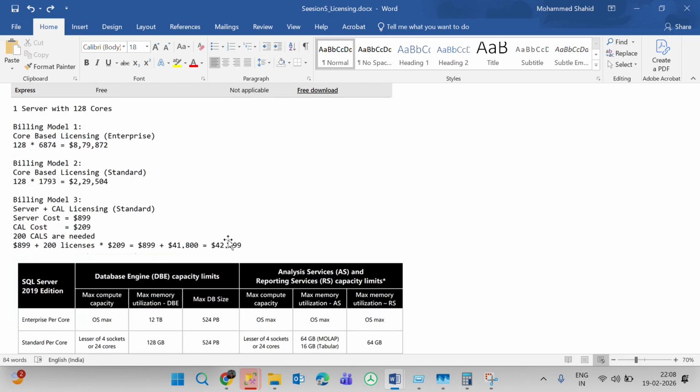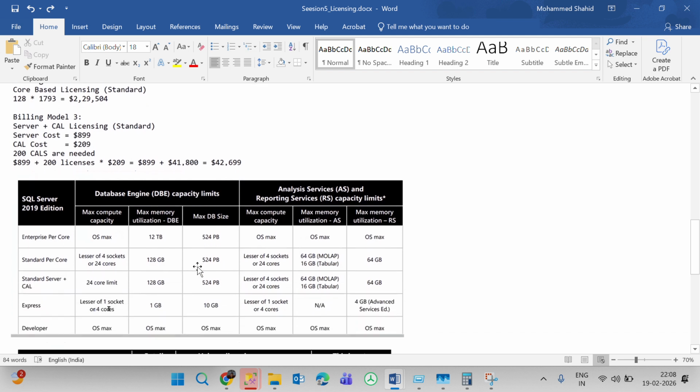In some environments you might see standard. In my environment I have some standard and some enterprise. In many small startup companies standard editions are used, and in many big organizations enterprise editions are used.